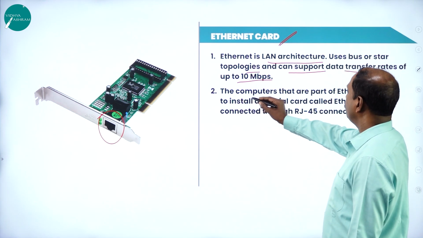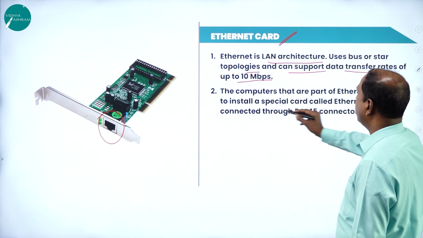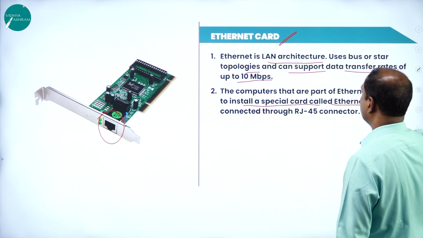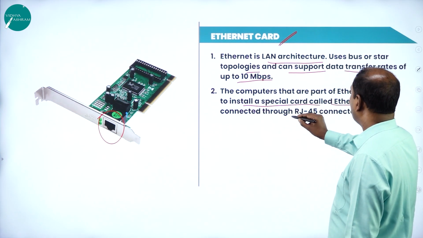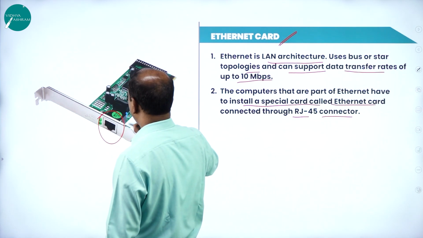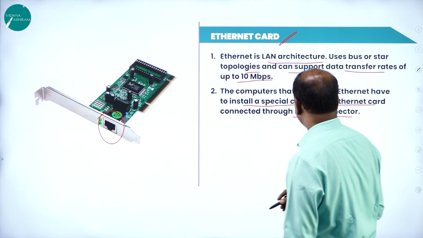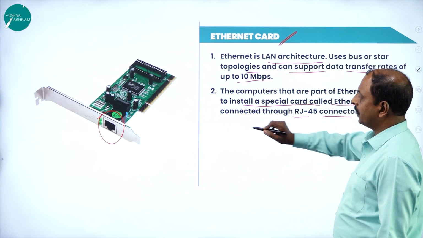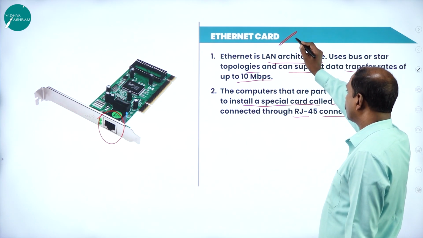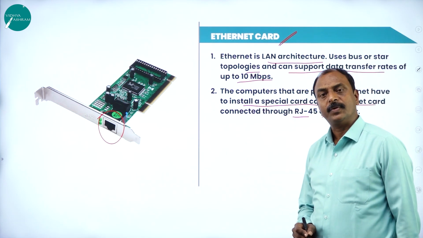The computers that are part of an Ethernet have to install a special card called an Ethernet card, and it is connected through an RJ45 connector. Through this connector we connect the computer to the network. So the Ethernet card supports networking.